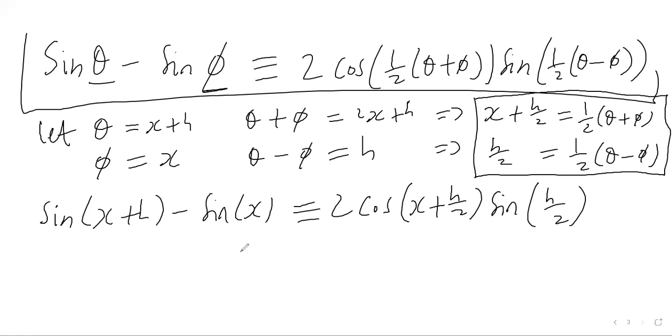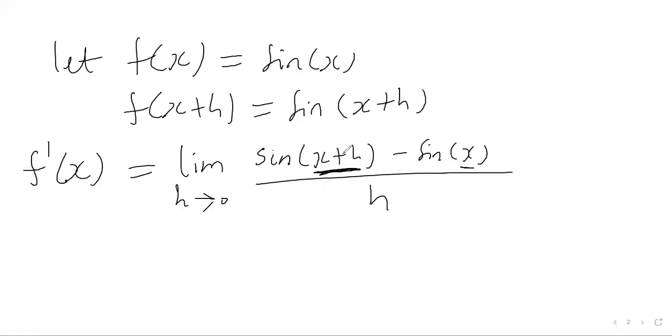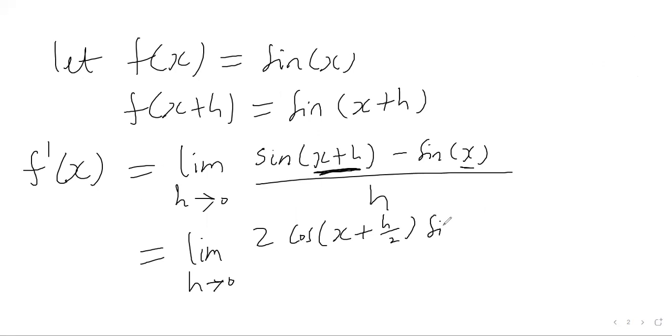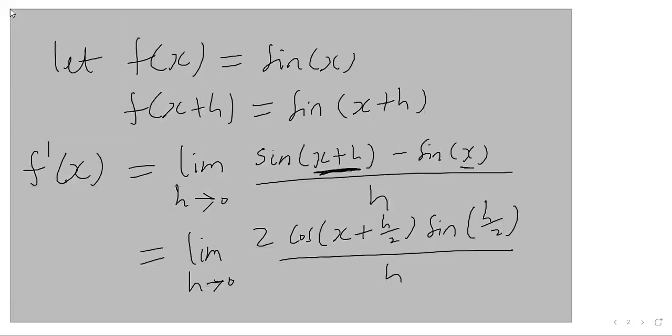Okay, great. So now we can plug this numerator back into our limit up here. So we know that this is equal to the limit as h goes to 0 of 2 lots of cos x plus a half h multiplied by sine of a half h, and this is all divided by h. Okay, great. So we're now at this point here.